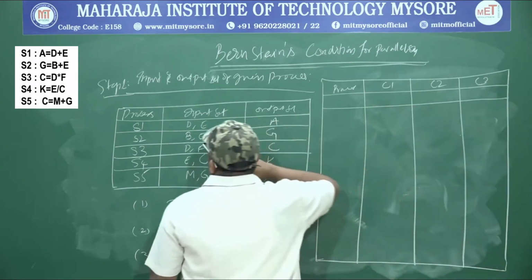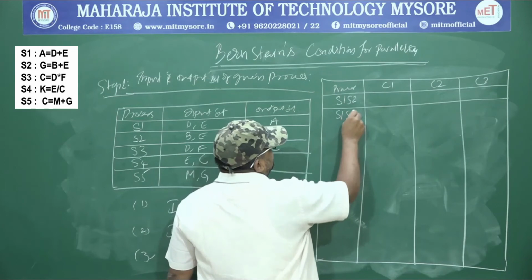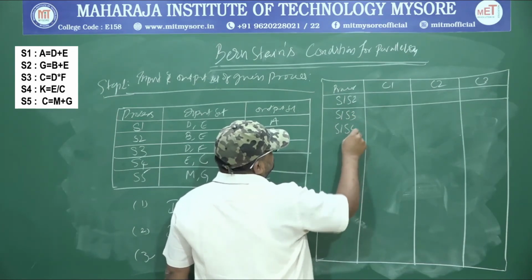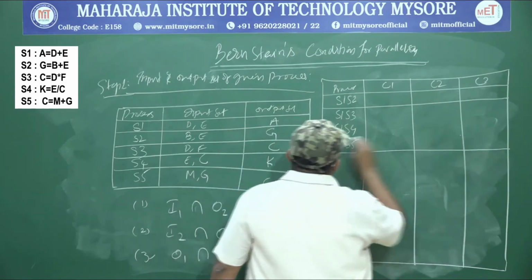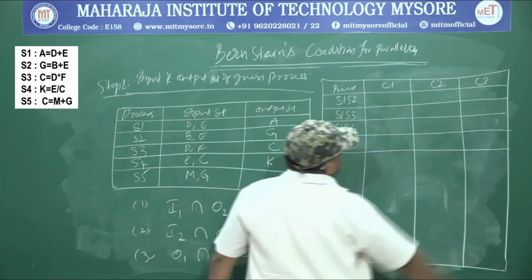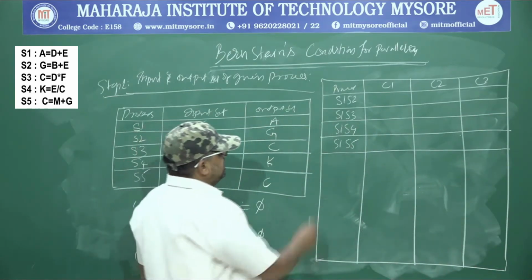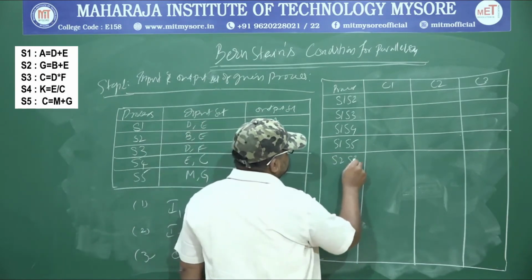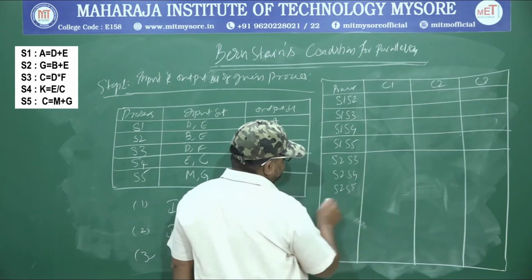So I have to make a comparison between S1 and S2, S1 and S3, S1 and S4, S1 and S5. Similarly, S2 and S3, S2 and S4, S2 and S5.